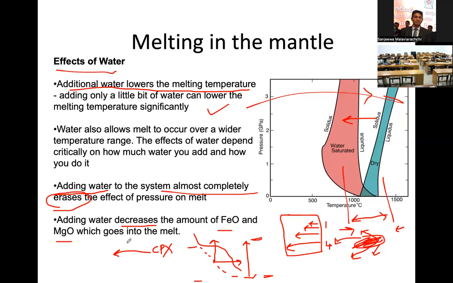So if you wanted to heat this system without adding water, suppose you don't add the water, but instead you heat the system to produce the melt, then the more you heat, the more CPX will go into the melt. That means a lot of iron and magnesium will go there. Then the next mineral starts, so likewise a lot of iron and magnesium will be contributing into the melt.